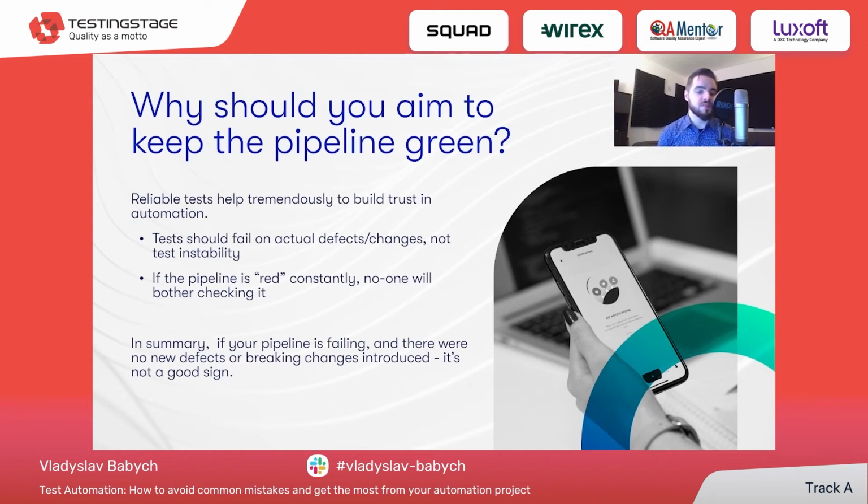For example, if your tests are always failing because of environment issues, test instability, etc., then people will stop checking it because they will be tired of this. You expect some defect, you expect something meaningful, but then it's just instability. So our job as an automation engineer is to make sure that our pipeline is always green, and it's red only on some defects or changes.